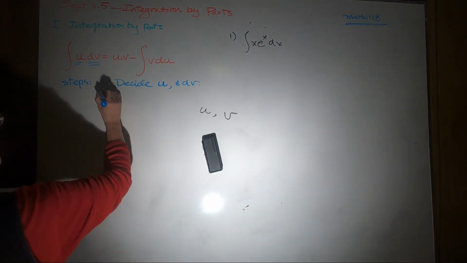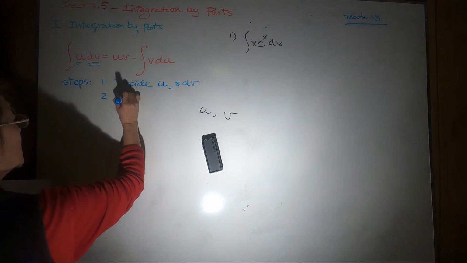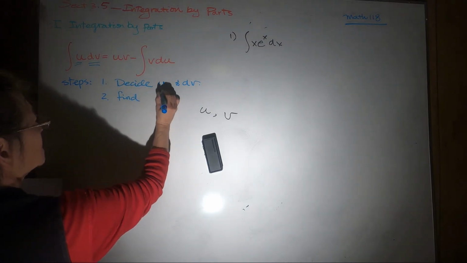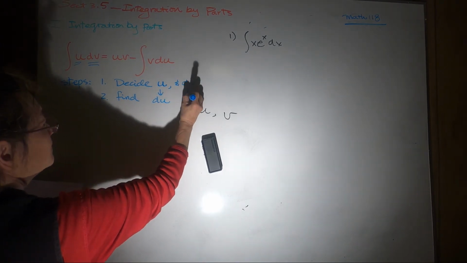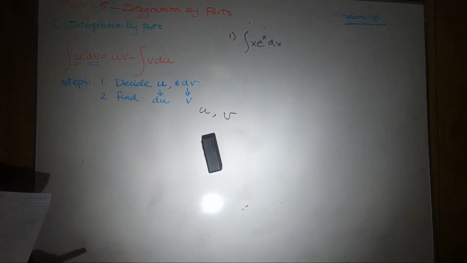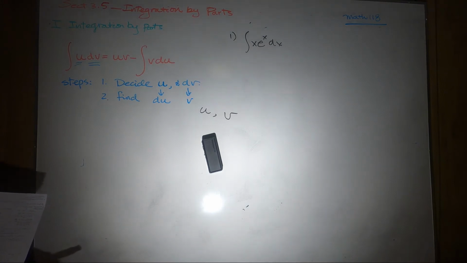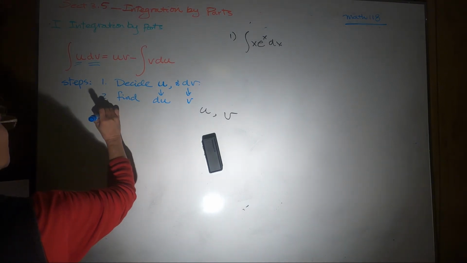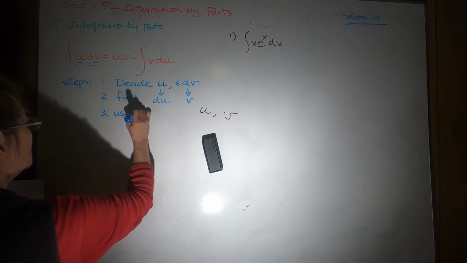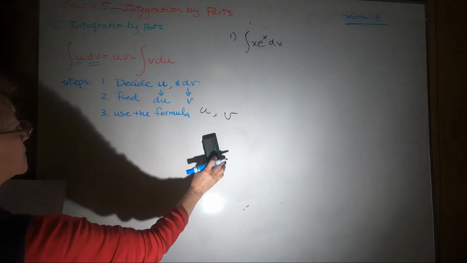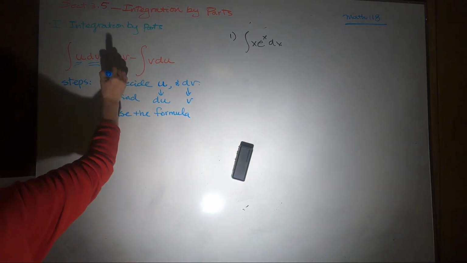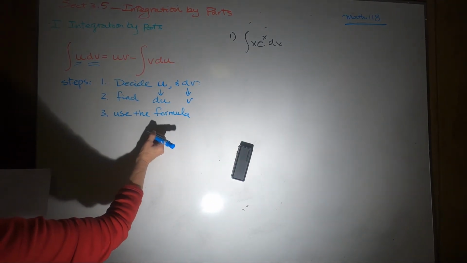Then from here, we find the du from u and the v from dv. Then we use the formula here.